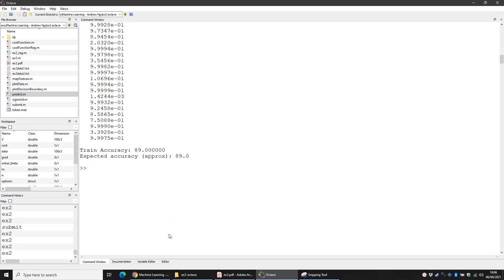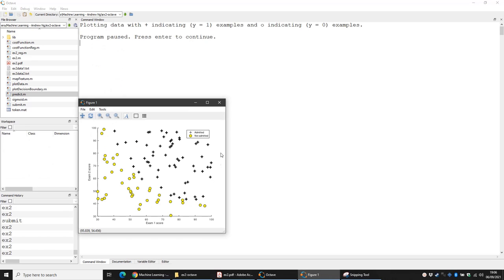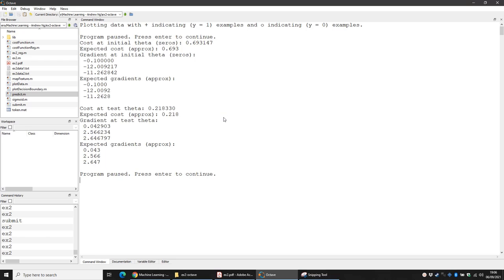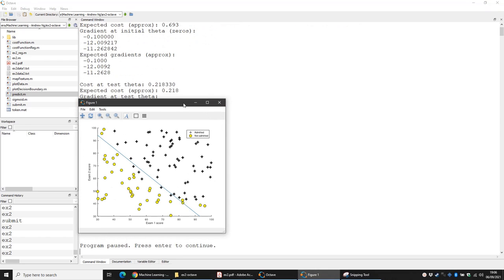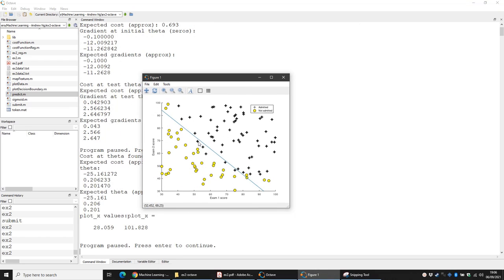Ideally, this should be higher, but why are we not getting it more than 89? Well, we can concretely look at the decision boundary that we have for theta. These edge cases are the ones that are giving us the wrong answers. Okay, they're not the wrong answers, but they are causing your prediction accuracy to go lower.